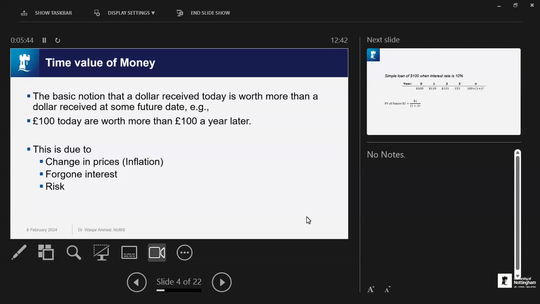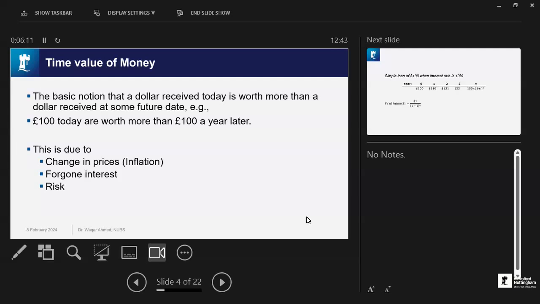What is that discount rate? You can use any symbol to represent this. I like to use R, but you can use any other symbol. So the cash flow one year from now, discounted at this required rate of return, will give us the value of this cash flow in today's terms.